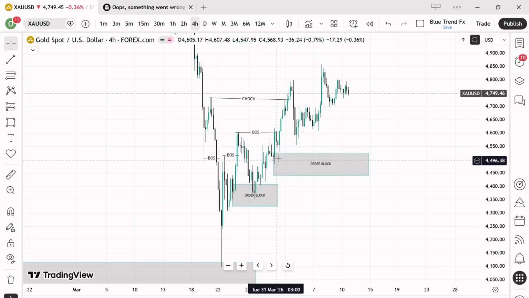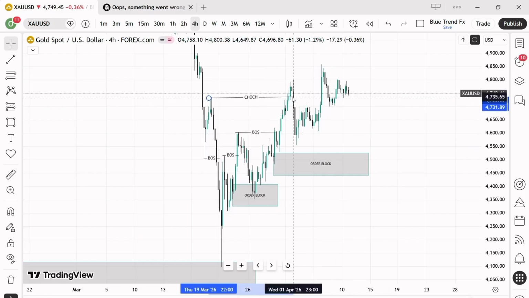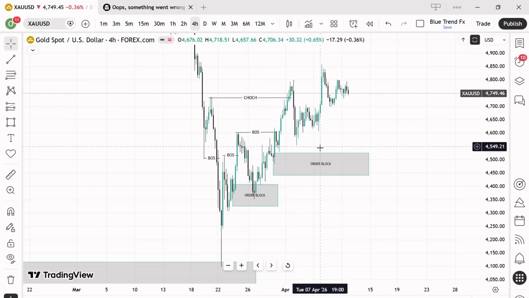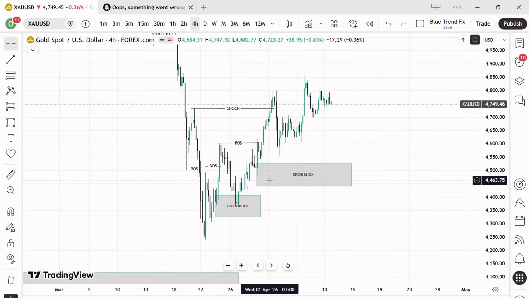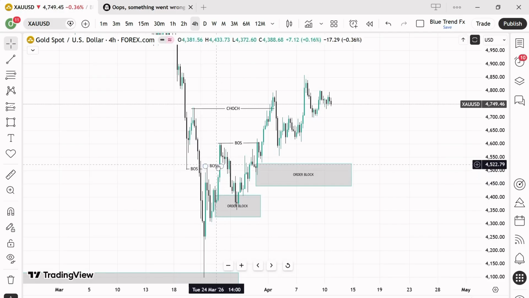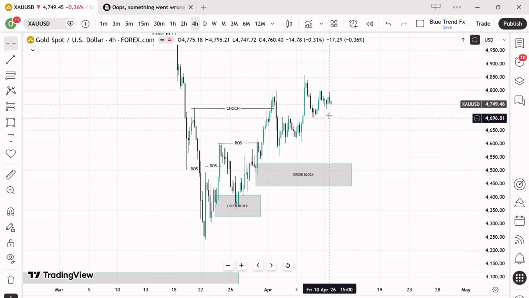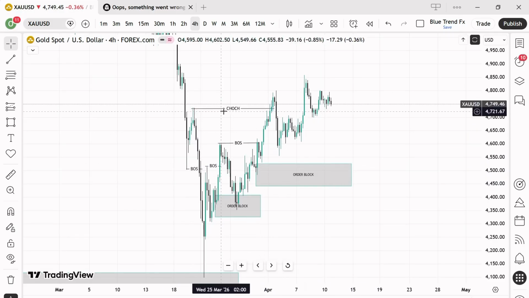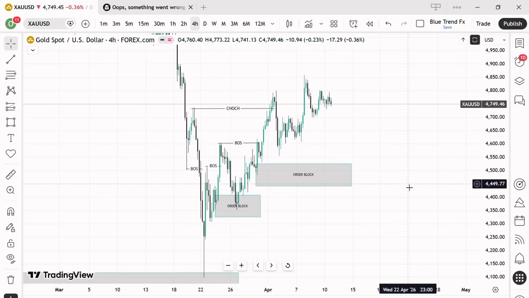We had to pull back, but price didn't mitigate it directly. So this change of character is an external change of character on 4 hours, all within the inner structures.